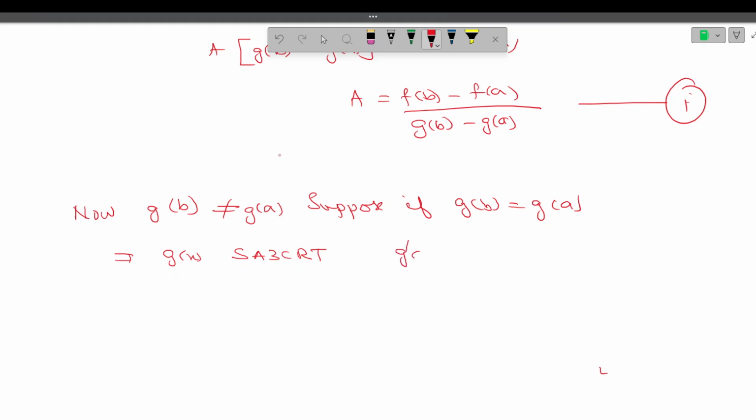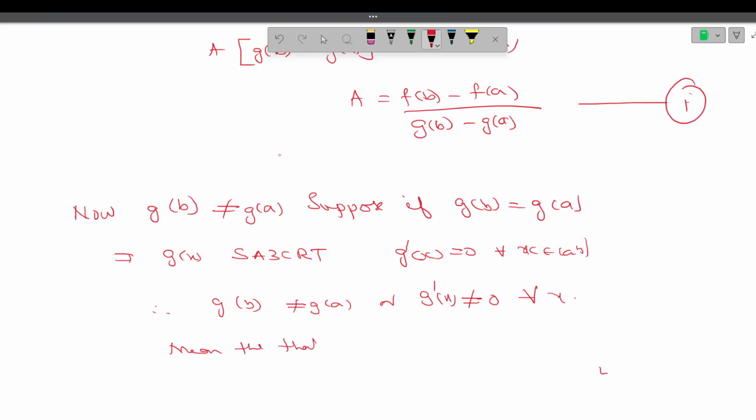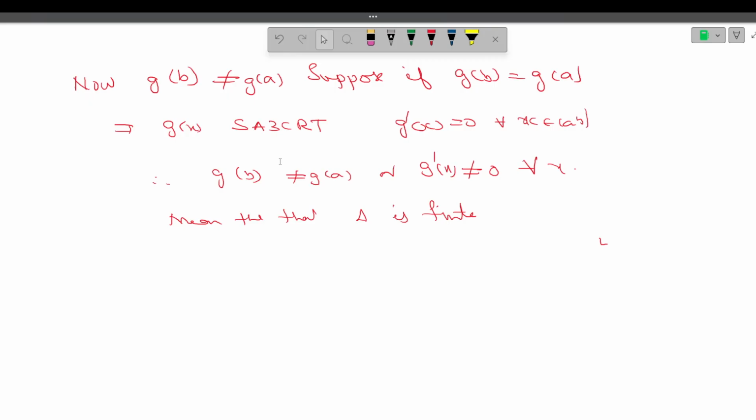Therefore, g dash c equal to 0, which contradicts that g dash x is not equal to 0 for any x in the interval. Therefore, g of b is not equal to g of a, which means that a is finite. This part is very important in the proof, and the examiner looks at this part.